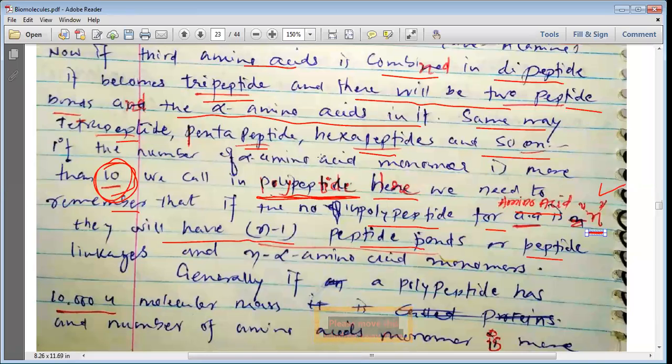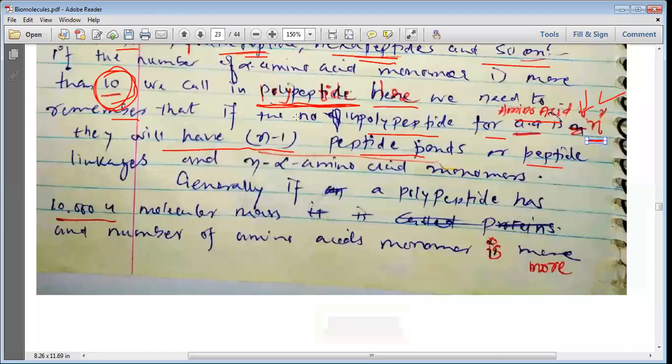So, my dear students, we can easily understand that dipeptide has one peptide bond, tripeptide has two peptide bonds, tetrapeptide has three, pentapeptide has four, hexapeptide has five, and a polypeptide which has n monomers has n minus 1 peptide bonds present in it. Thus the number of peptide bonds present in a polypeptide is equal to n minus 1, where n is the number of monomers present in the polypeptide or protein.